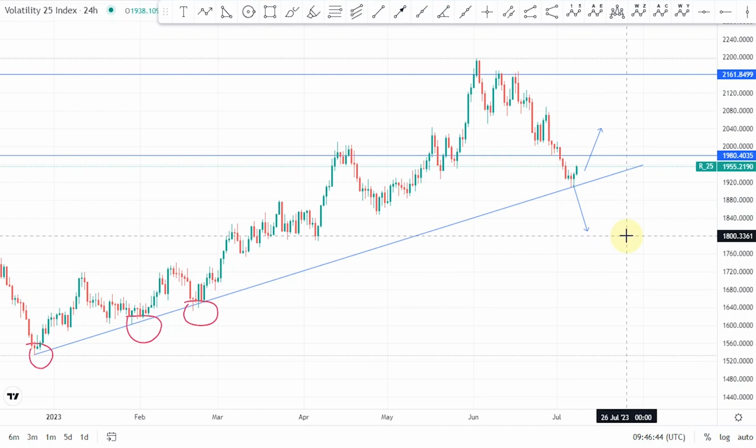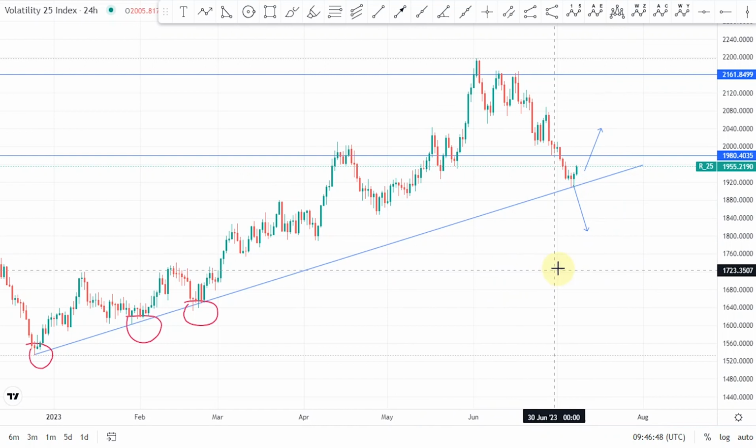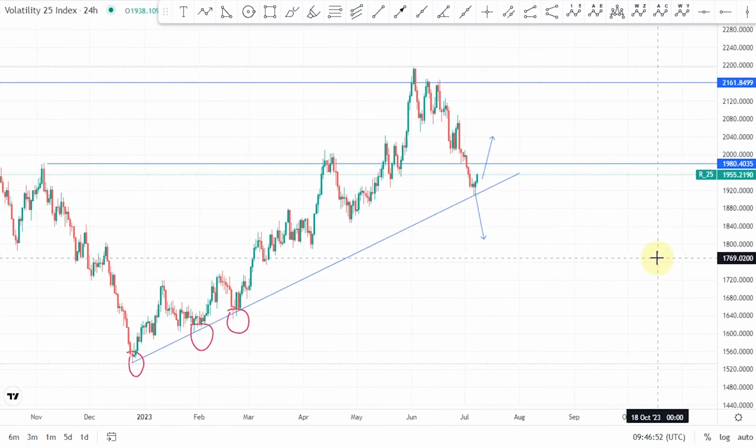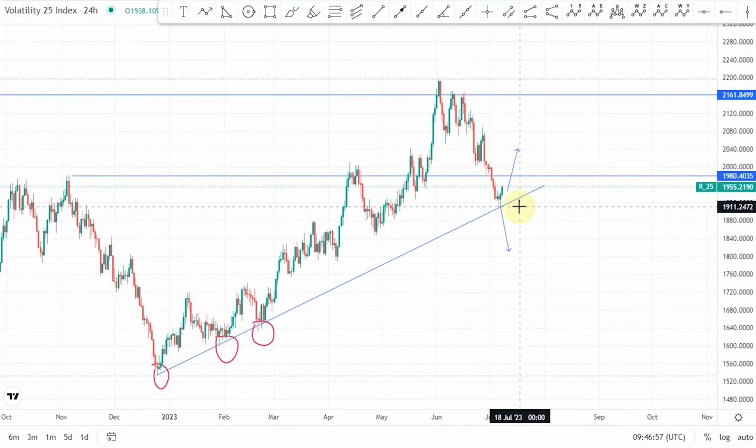But there's a way to find out what is going on here. So this is what I simply do. I want to check this thing with Fibonacci to see if we are on a Fibonacci retracement level.